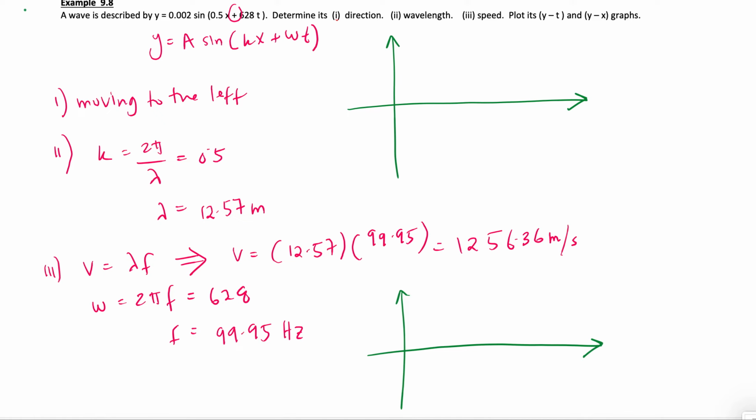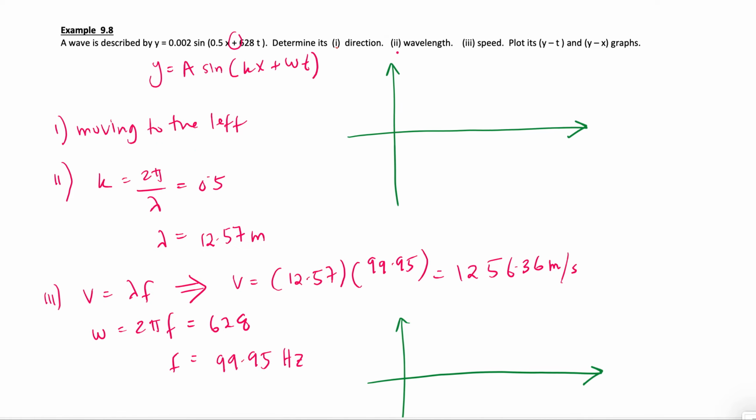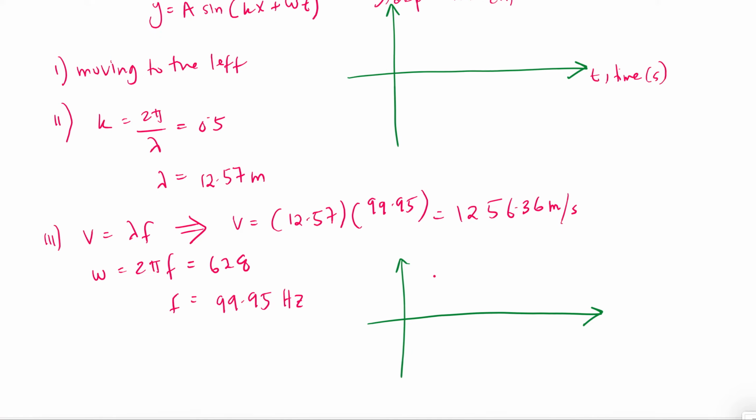Okay. So one is the y-t graph, so displacement y in meters, and then t, time in seconds.